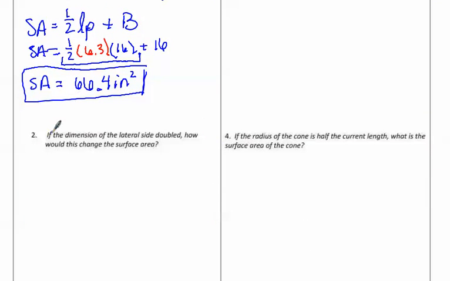Question 2 states, if the dimensions of the lateral side were doubled, how would this change the surface area? The lateral length was 6.3. So if I double that or multiply it times 2, I'm going to get 12 6/10.